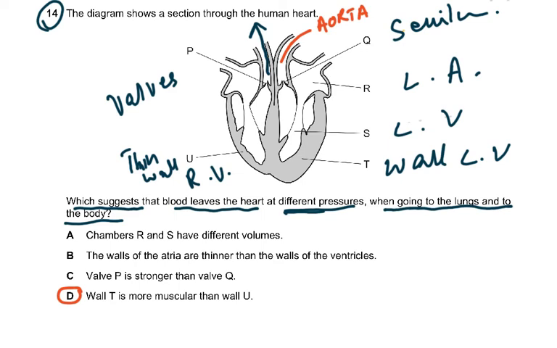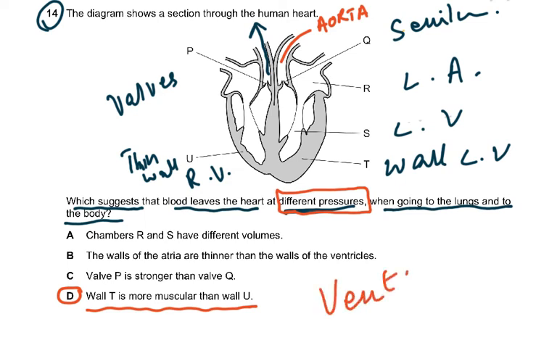Now it says which suggests. So wall T is more muscular than U, which suggests that blood leaves the heart at different pressures. The different pressures are exerted by the ventricles. It is the walls of the ventricles which decide the force with which they can pump the blood to the rest of the body. So we say the wall of the left ventricle has more muscle.